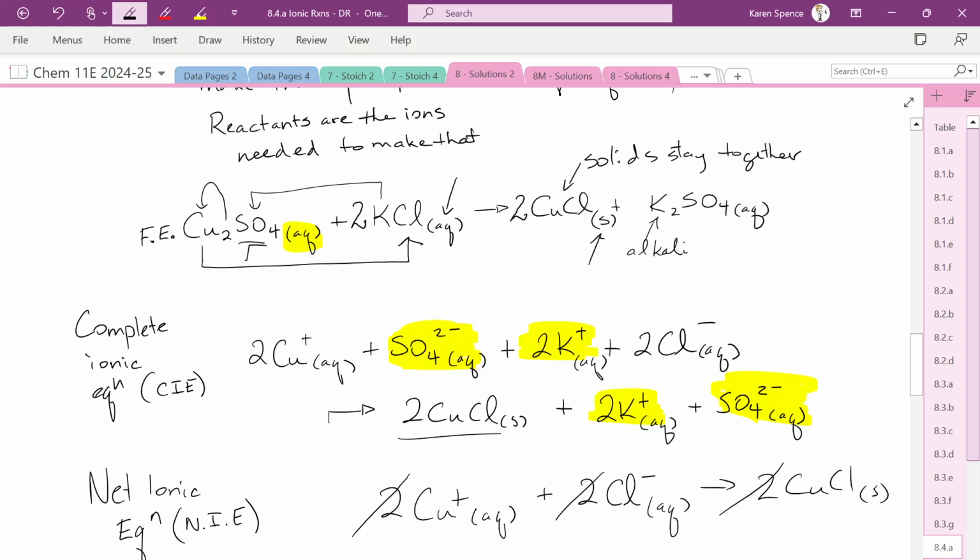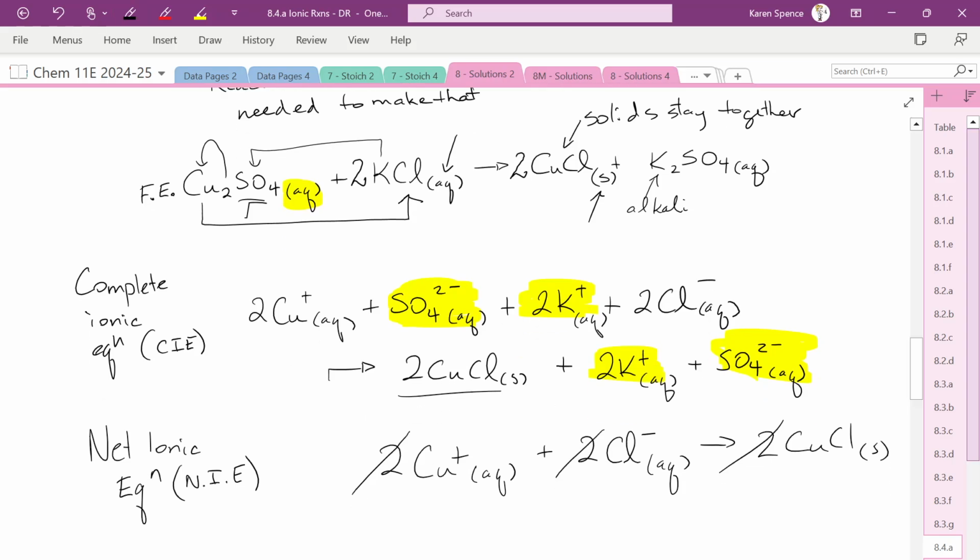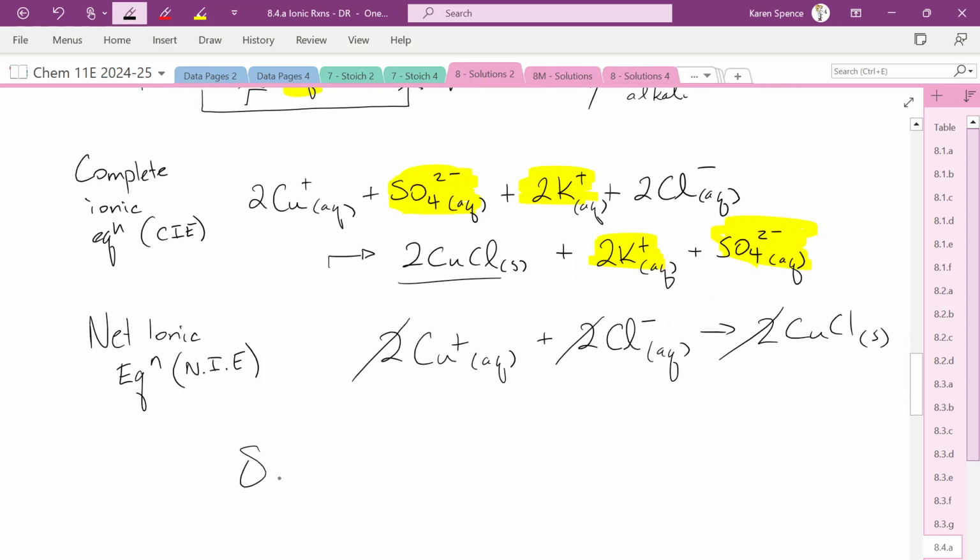All right, so over the weekend, fun weekend, 8.4a, b, and c. Yeah, 8.4 b, 8.4 c. If you have extra time on top of that, you can get caught up on whatever dilution things you haven't done.